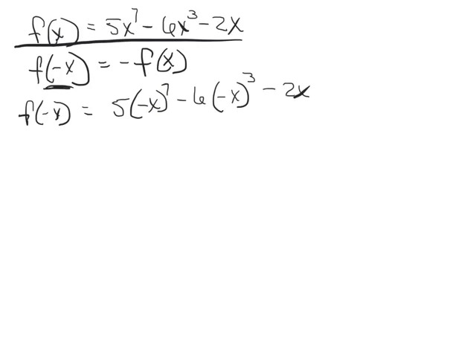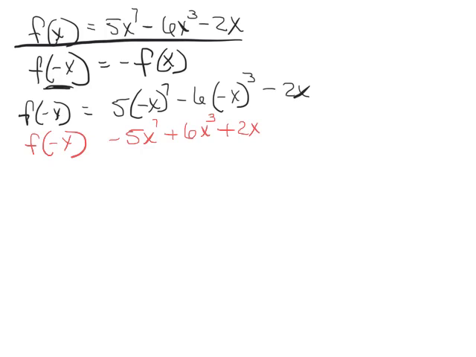So let's go ahead and write f of negative x. So we get negative 5x to the 7th. And then this next one we get plus 6x cubed plus 2x. Okay, so that is f of negative x.